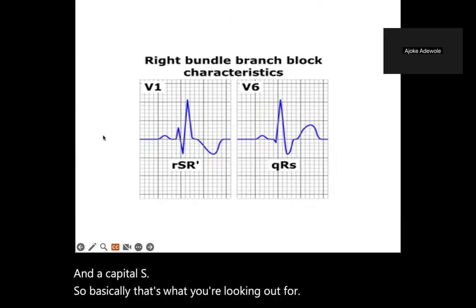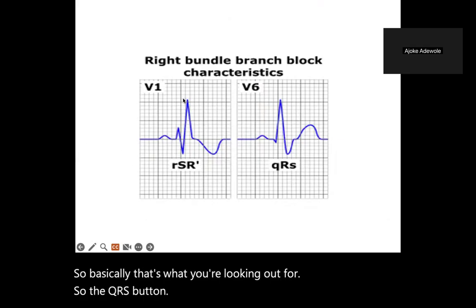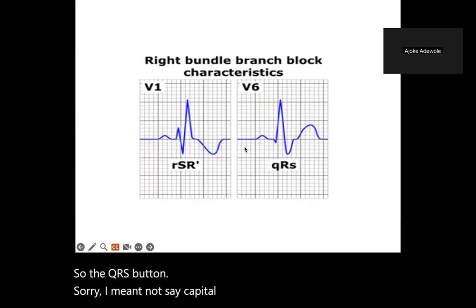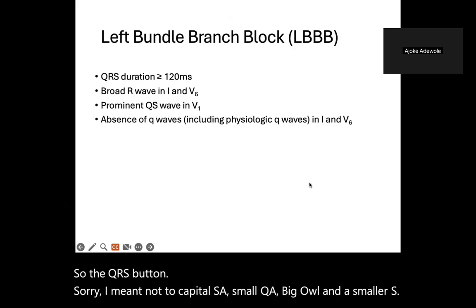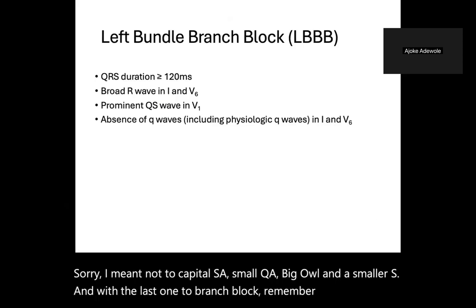Oh, sorry, I meant not a capital S. A small Q, a big R, and a smaller S. And with the left bundle branch block, remember that your QRS duration is still wide.